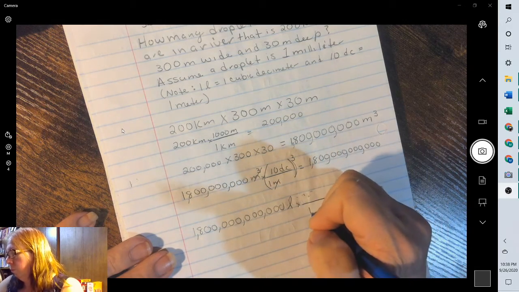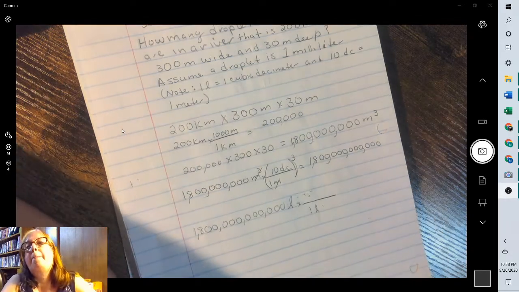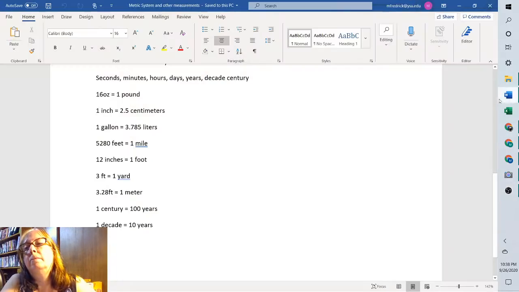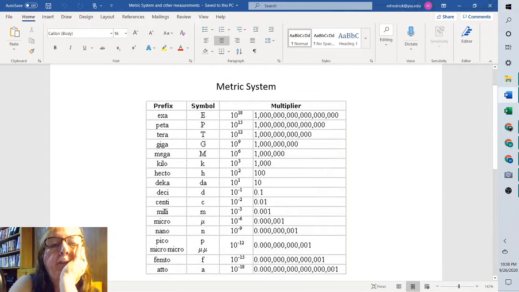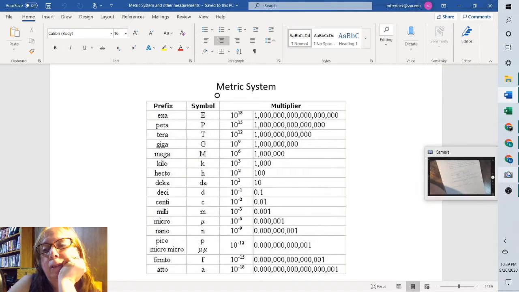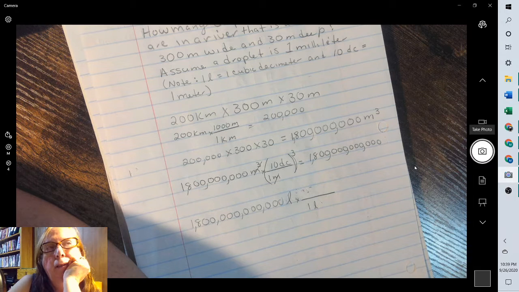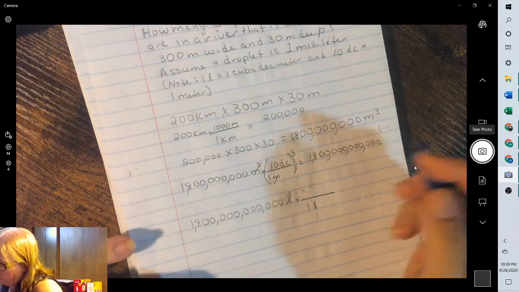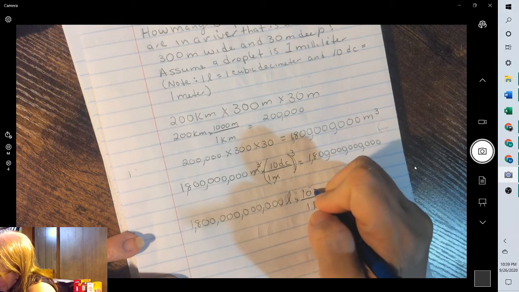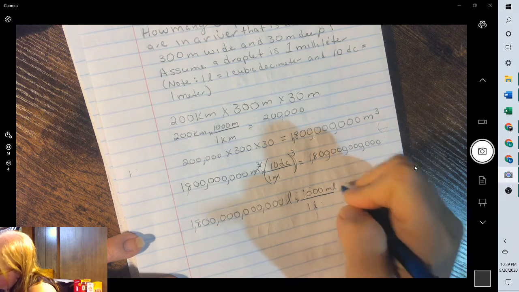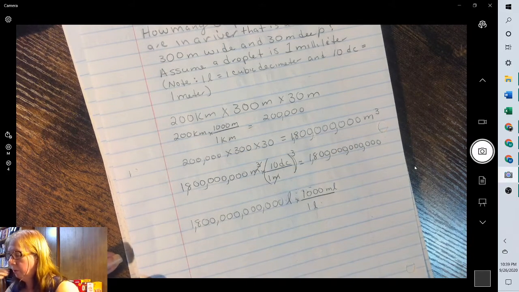And we know that 1 liter, if we look at our metrics, milli is 10 to the third, so it's also 1,000. So 1,000 milliliters is a liter.